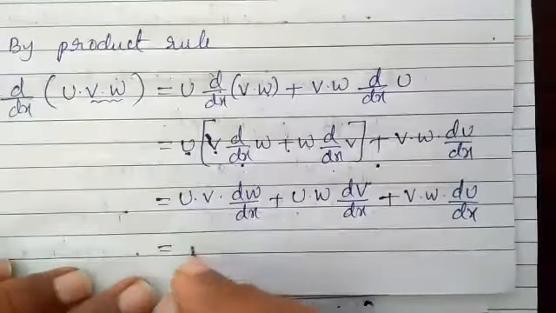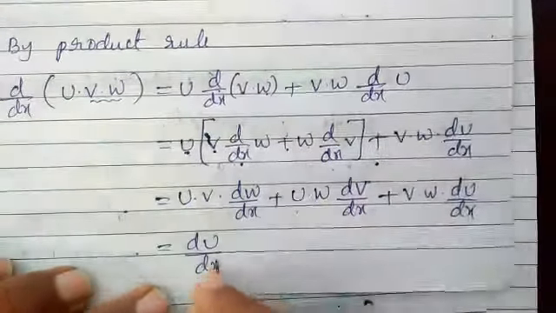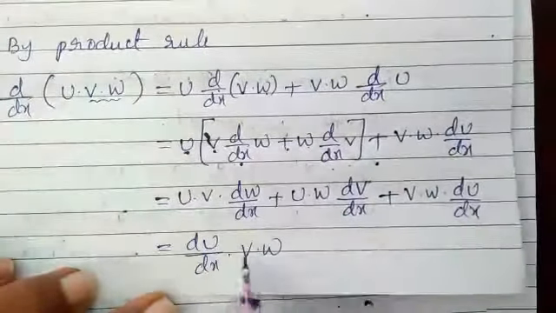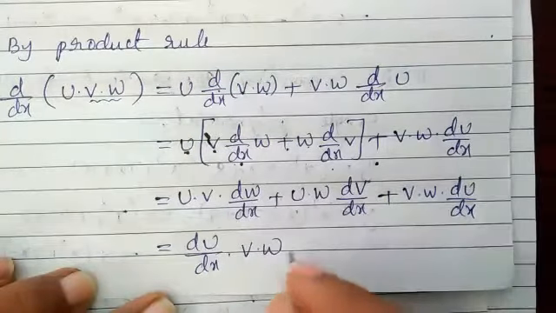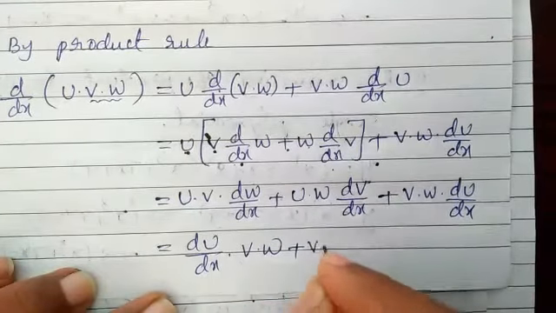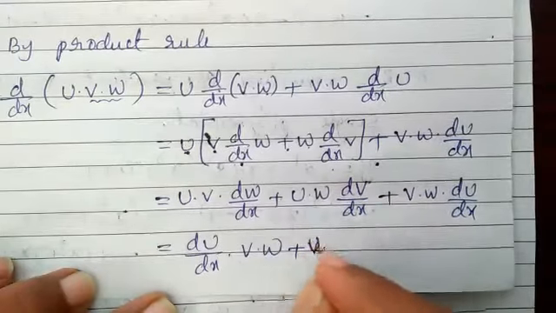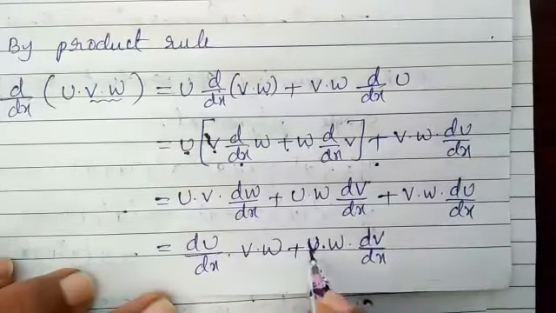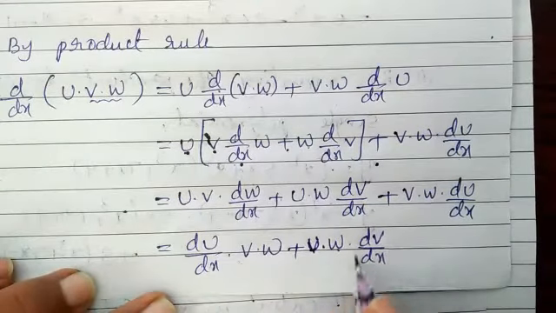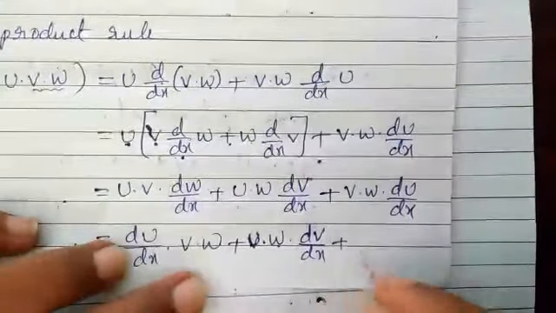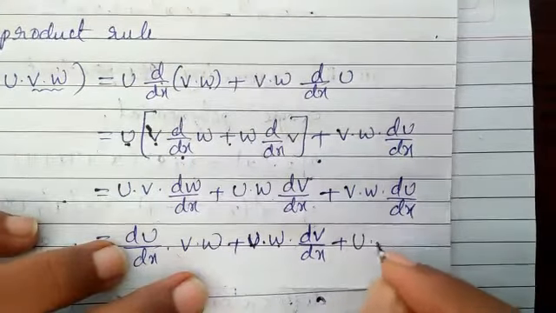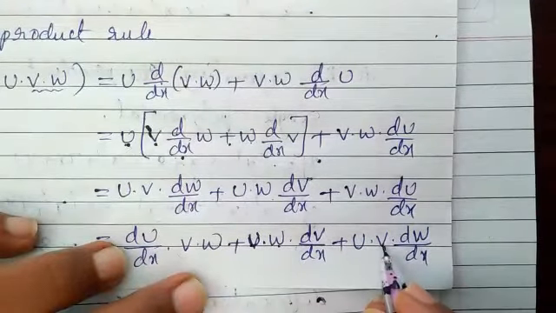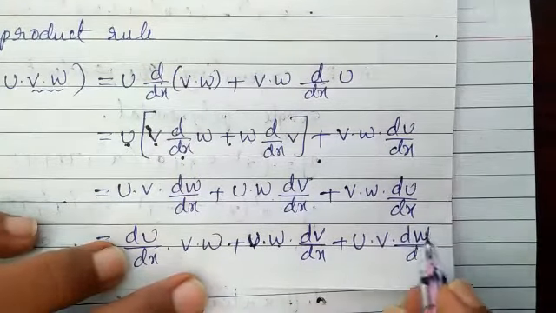What is that first? du by dx into v into w. That means we are applying derivative for the first function, remaining as it is. Next, u into w into dv by dx. First and third function as it is, second function derivative, and plus u into v into dw by dx. First and second function as it is, and we are applying derivative for the third function.